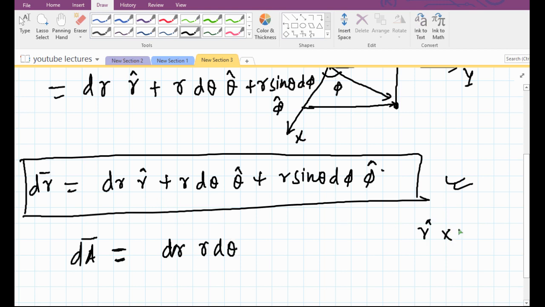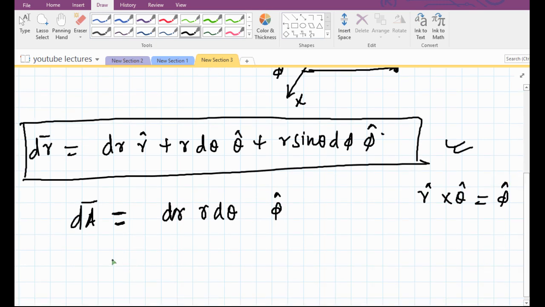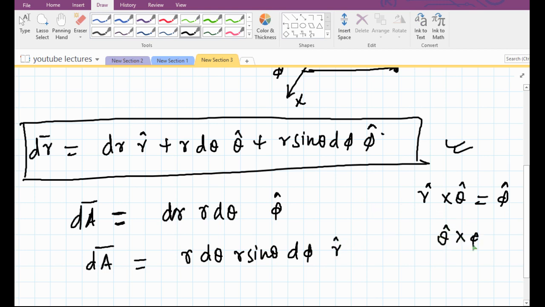Now r hat cross theta hat gives you phi hat, so this is in the phi hat direction. Or you can simply use dA equal to r d theta r sin theta d phi, and this is in the direction of r hat, because theta hat cross phi hat is nothing but r hat.